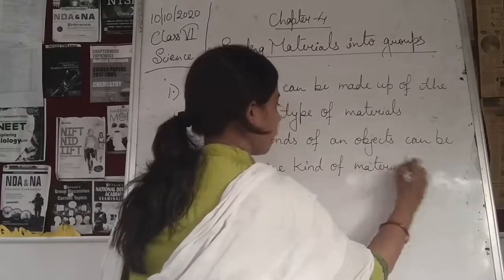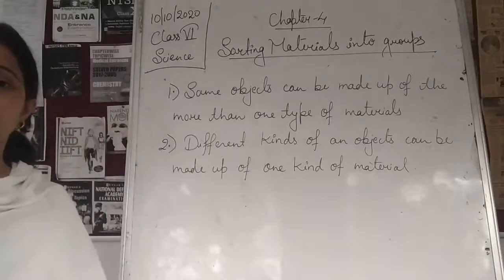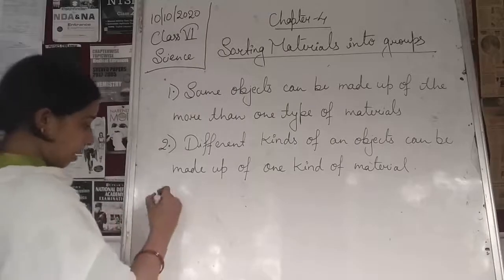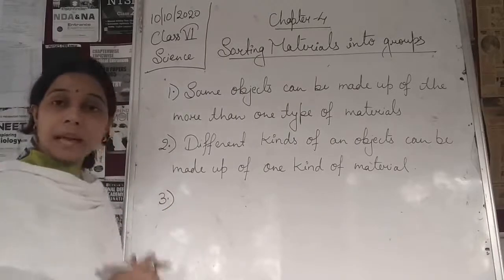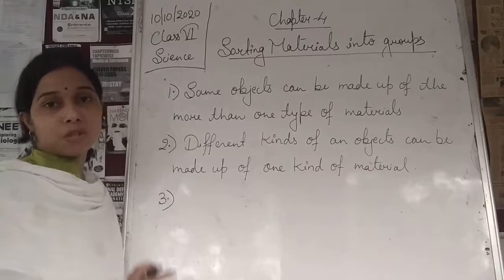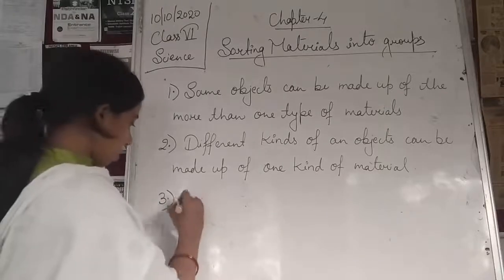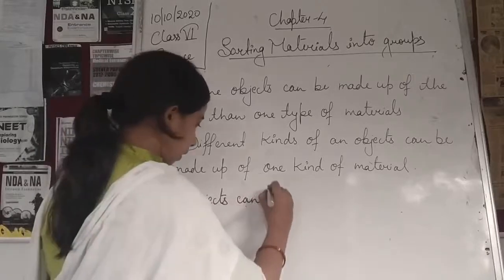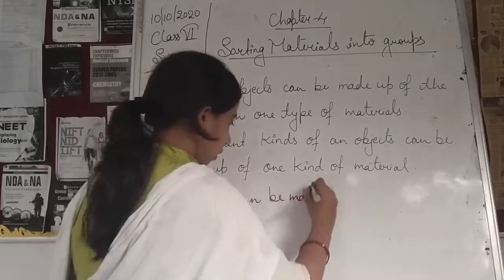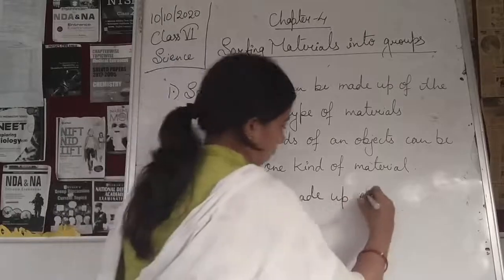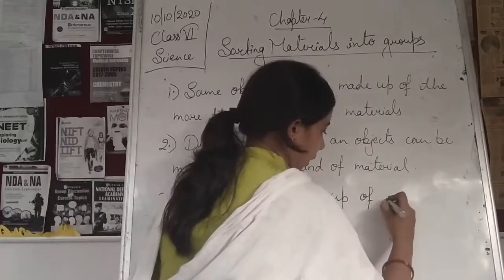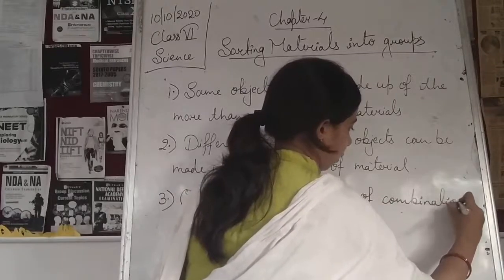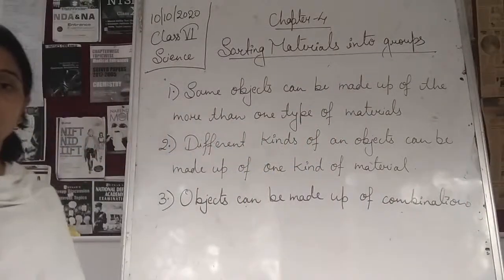So different objects can be made up of one kind of material. Last one, students, that objects can be made up of a combination of material. Okay, so objects can be made up of a combination of the object.